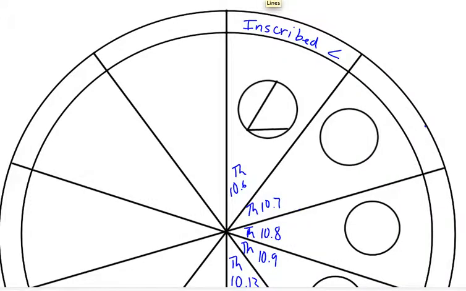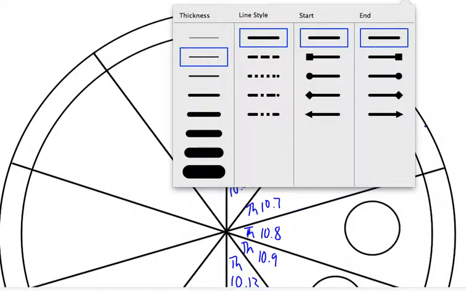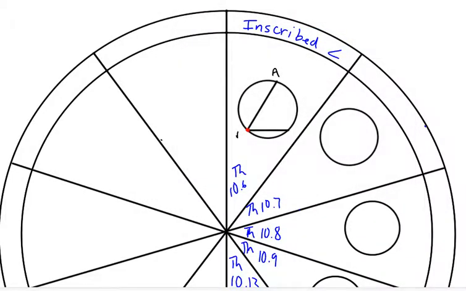And let's go ahead and put an inscribed angle on the circle. Inscribed angle because my vertex is on the circle. Key point here. And I'm going to go ahead and throw a few letters on here. The relationship is that the measure of angle ABC is equal to 1/2 the measure of arc AC.